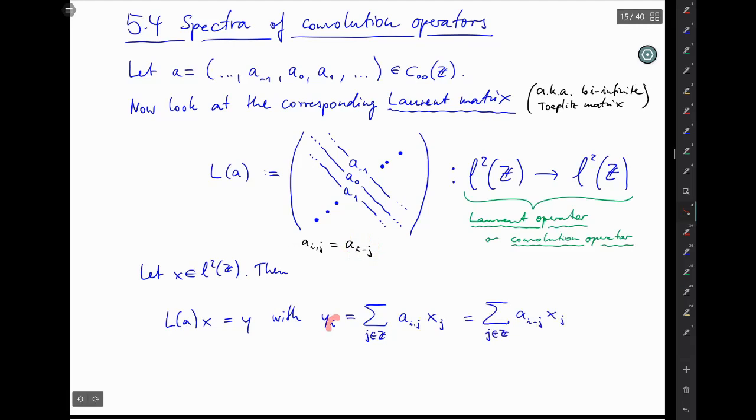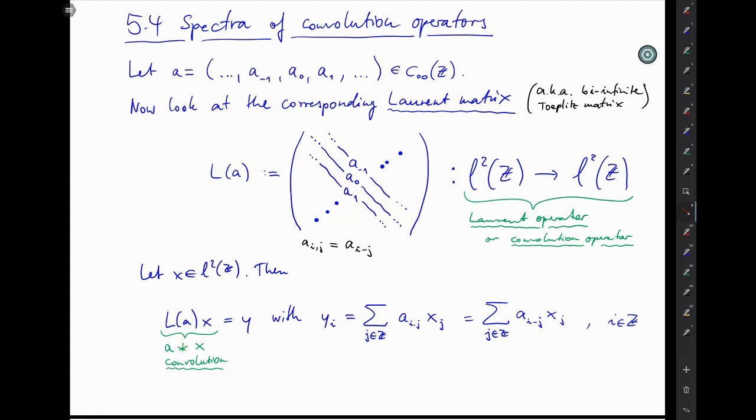And then you do that for every little i in Z until you have all the entries of your vector Y. And I'm pretty sure you've seen this operation before. So that takes an infinite sequence A and an infinite sequence X and twists and turns them in a way and sums up to give you another infinite sequence Y. And typically you would call that the convolution of the vector or sequence A and the vector or sequence X. And the standard notation for the convolution operation is just this little star here.